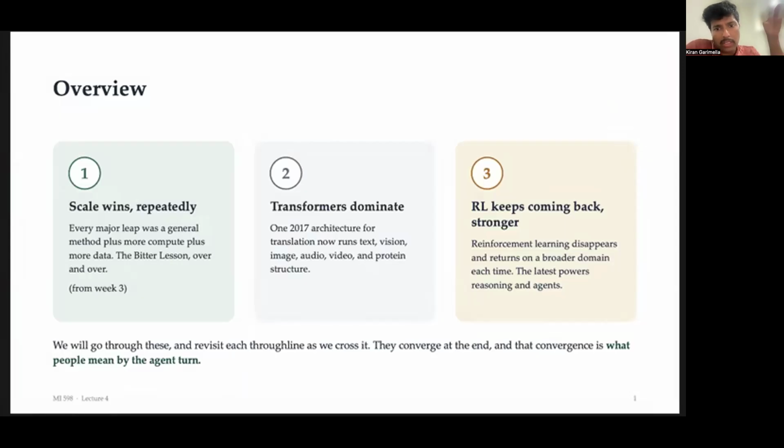Same general method, you give it more compute and more data, and it gets you more intelligence, more knowledge. The second is how transformers as an architecture came to be, and how they started dominating everything from text, vision, image, audio, video, and a bunch of others, like now time series, protein folding, and things like that.